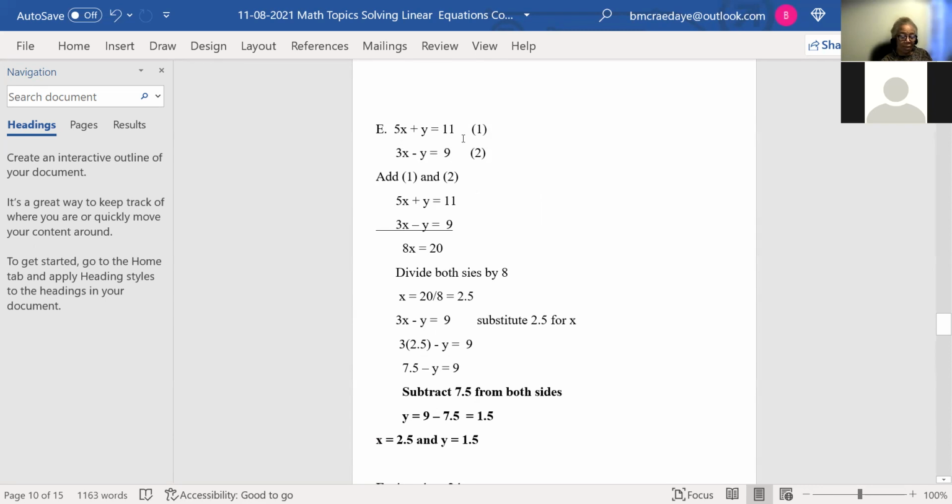Unless there's something wrong with this equation. It could be the equation is wrong. Let me see if it's copied incorrectly, because that's why it's good to check.